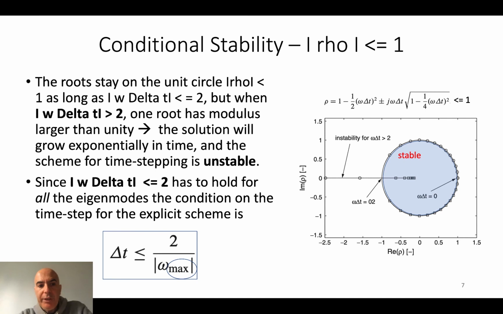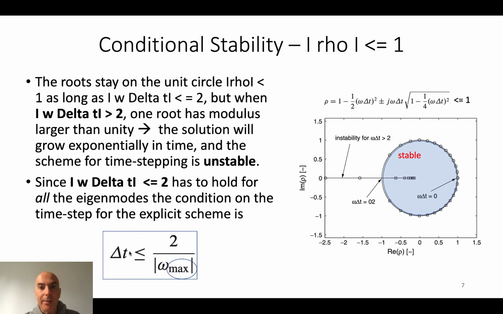For this reason, we select the highest eigenvalue, since the other ones will be much smaller. So we take the stability condition by keeping the highest eigenmode, the highest eigenvalue, and we retrieve a stability condition on the time step.